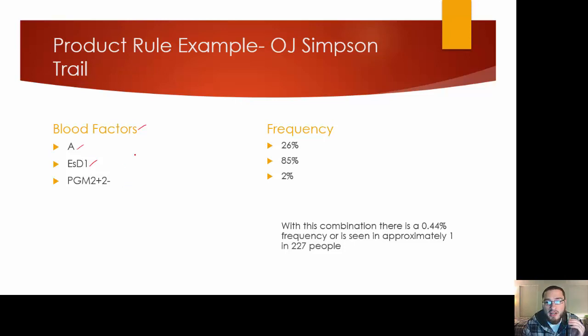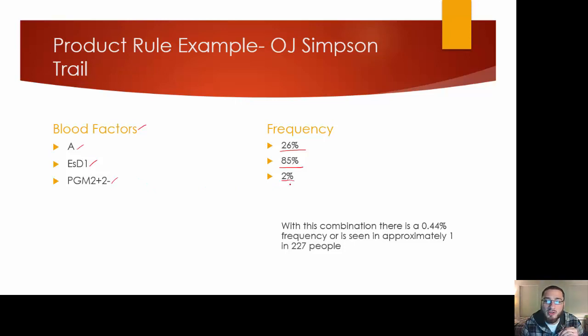So they said, all right, the chance of you having type A blood, and this is a real thing, 26% chance of you having type A blood. The chance of you having this ESD1 protein in your blood, 85% chance. So that's kind of a high chance of having that, okay? But we're adding that in. We're multiplying these frequencies together to make a smaller and smaller number. Then we looked at this protein right here, this PGM protein, and only 2% of the population have that.